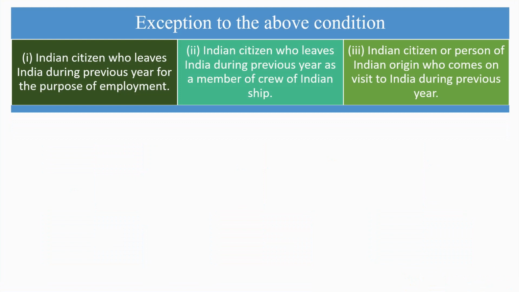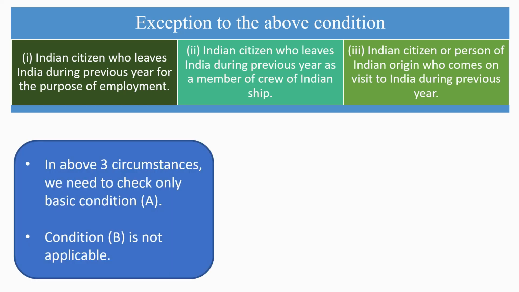There are exceptions to above rules as mentioned here. If a person is an Indian citizen who leaves India during previous year for the purpose of employment, or if a person is an Indian citizen who leaves India during previous year as a member of crew of Indian ship, or if a person is an Indian citizen or person of Indian origin who comes on visit to India during previous year, then we only need to check the first basic condition.